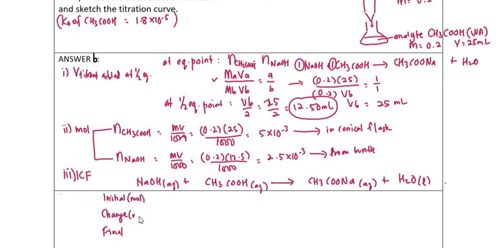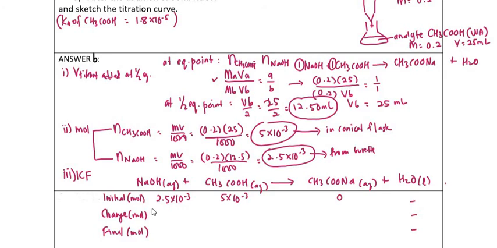All the row in unit mole. Okay, mole NaOH, CH3COOH refer pada step number 2 here. You masukkan mole NaOH adalah 2.5 eksponen negatif 3 yang ini, dan mole CH3COOH adalah 5 eksponen negatif 3. Ini kosong, belum dihasilkan, involved in your ICF table.